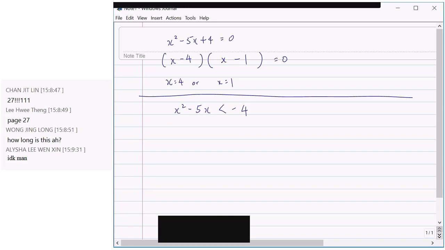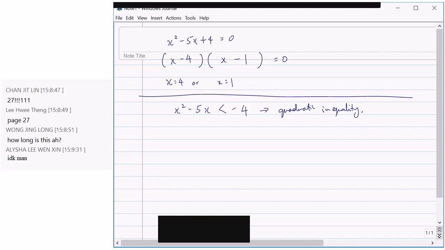Okay, it's because there's an inequality sign. You see that alligator jaw thingy, like a crocodile jaw? This is the inequality sign. So you have a quadratic form with an inequality sign, hence it's called quadratic inequality.